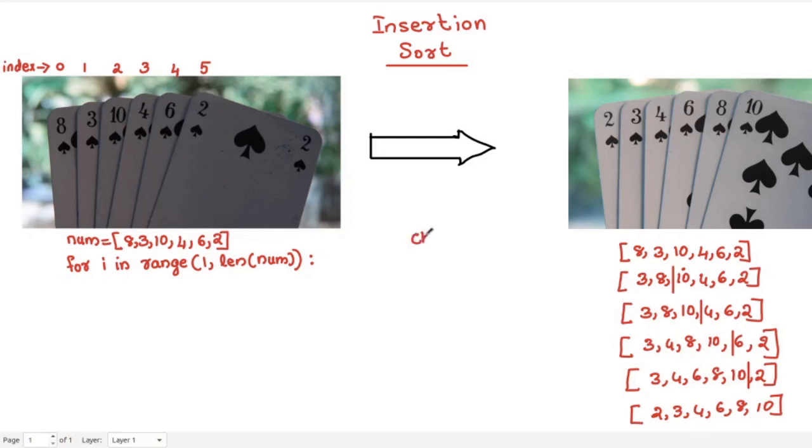So, two checks are needed. First, compare the elements till index 0, which happened in the case of 2. And second, compare whether the previous element is greater than the current element.